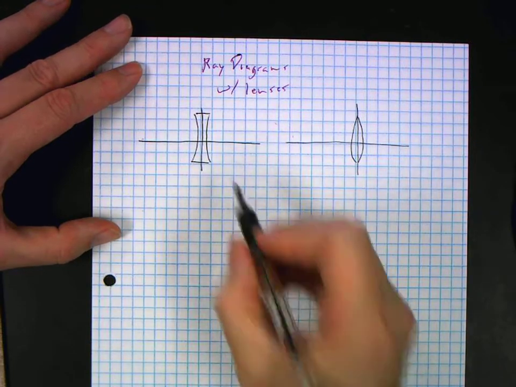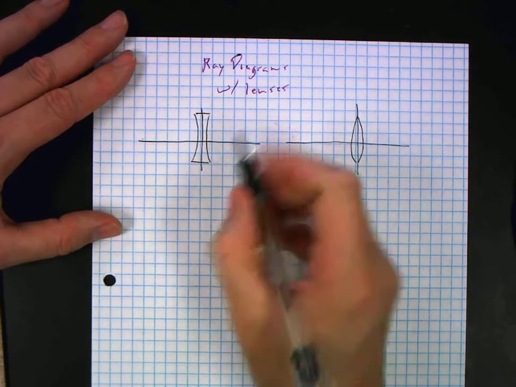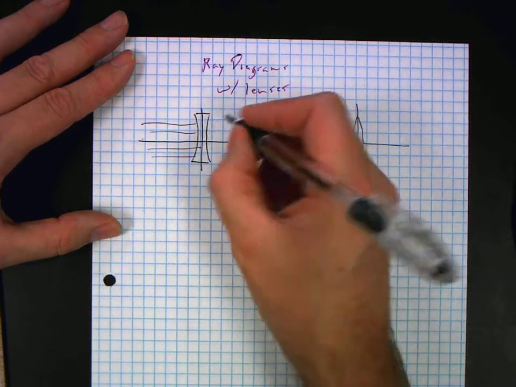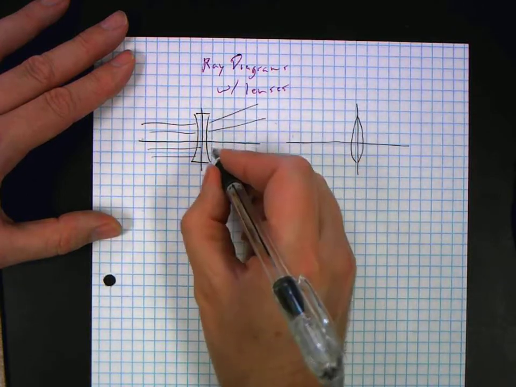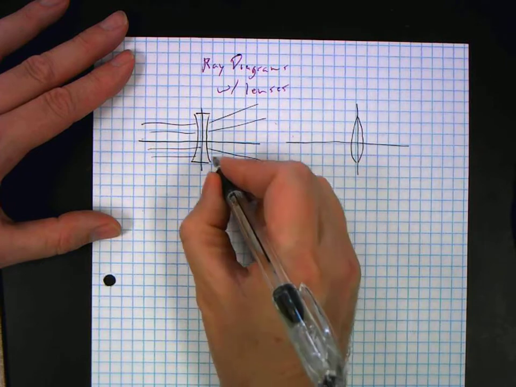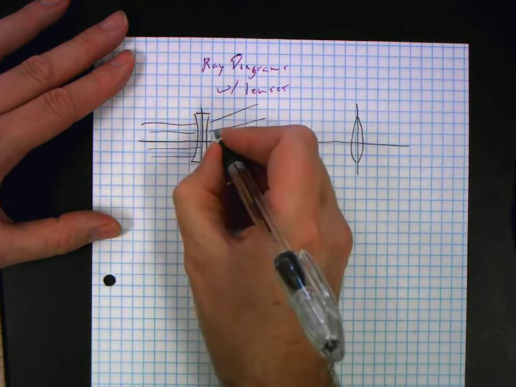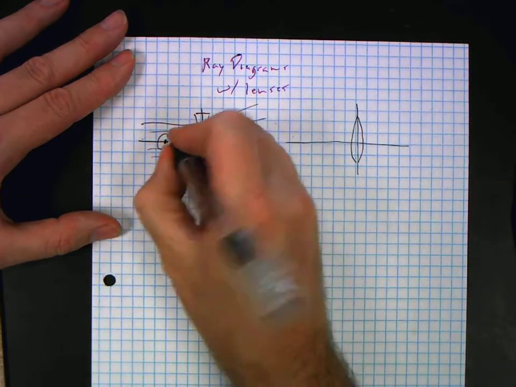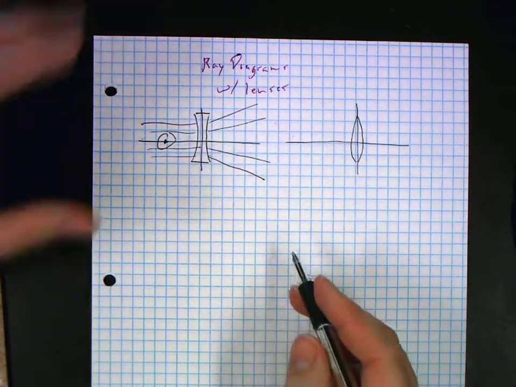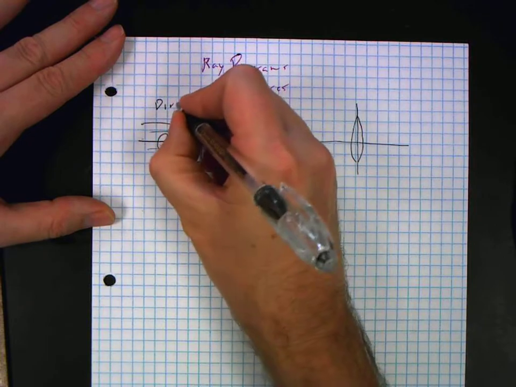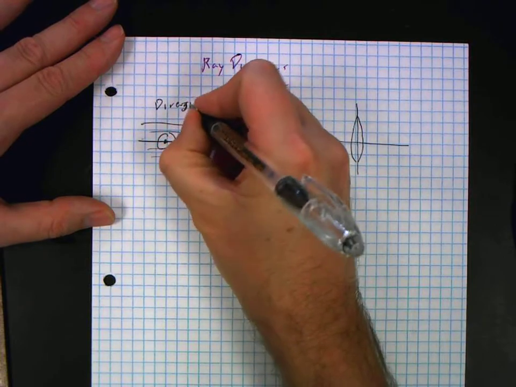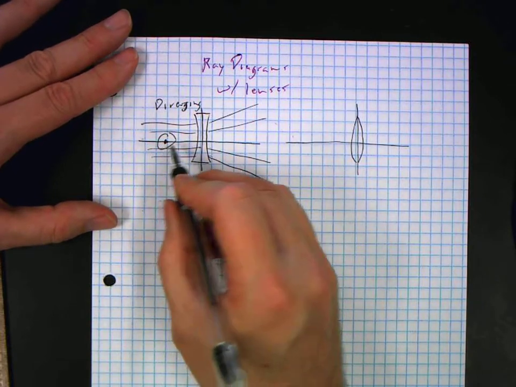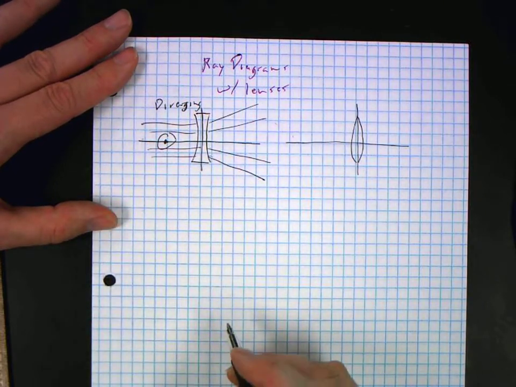Now remember, this is a diverging lens. That means when light comes in parallel on this side, it diverges in such a way that it looks like it's all coming from one point back here. So the focal point for a diverging lens is in front of the lens, on the same side as the light source.